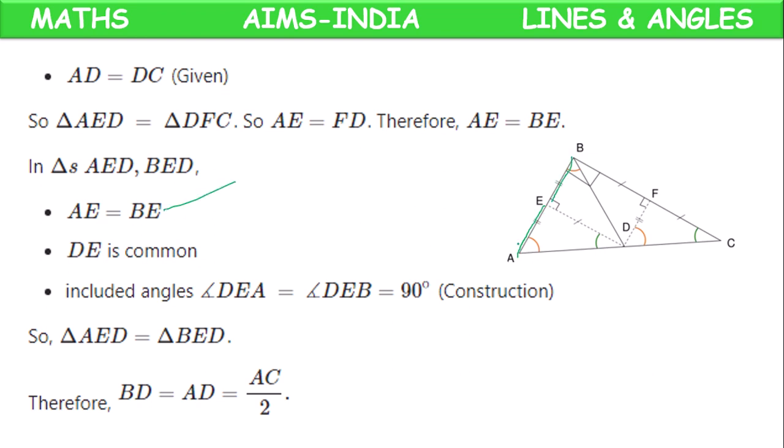Just now we have proved D is common side. This angle 90, this angle 90 degrees construction. So these two triangles also congruent. So corresponding parts will be equal.